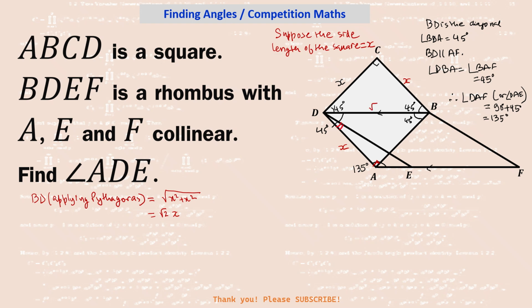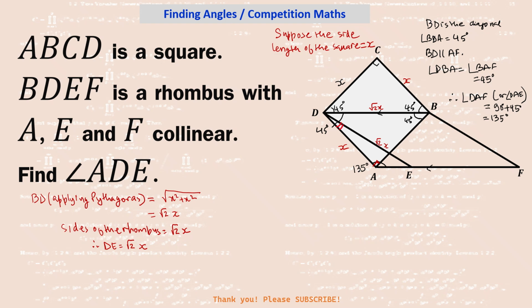So this side is root 2 x, and therefore the sides of the rhombus would be root 2 times x, and therefore DE would be root 2 times x.